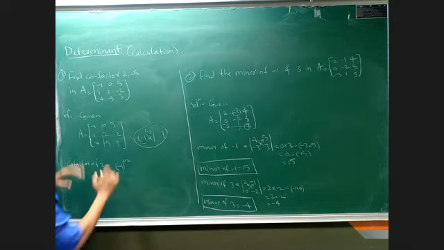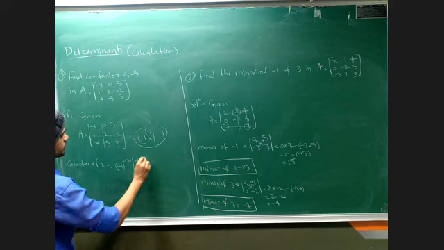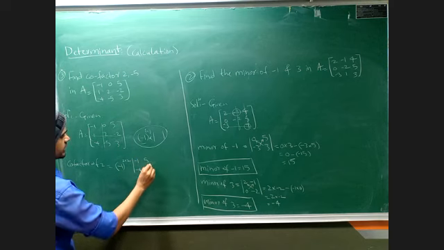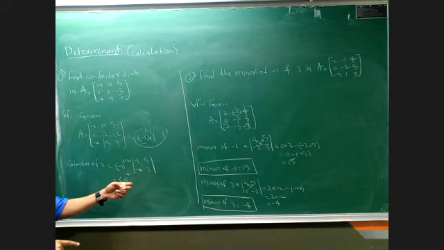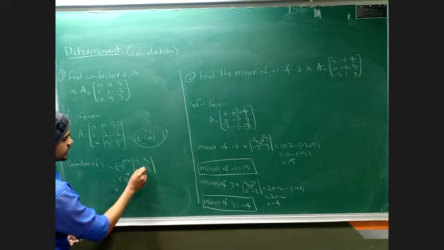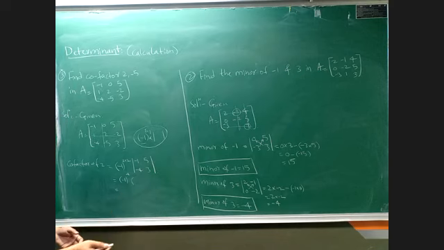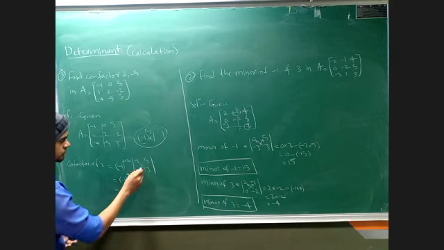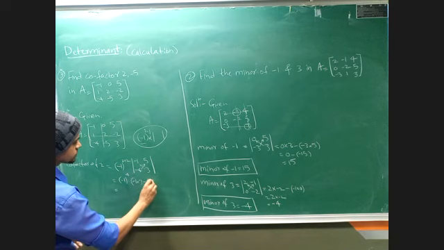The rest of the elements form the minor as a determinant: -1 5, -4 3. Here (-1) power 4 means the power is even, so the sign stays positive. The determinant is 2 by 2, so we just multiply in a cross way: -1 into 3 minus -4 into 5.